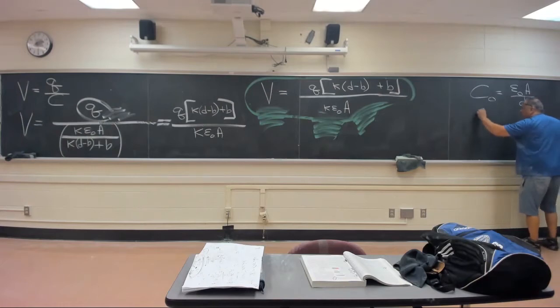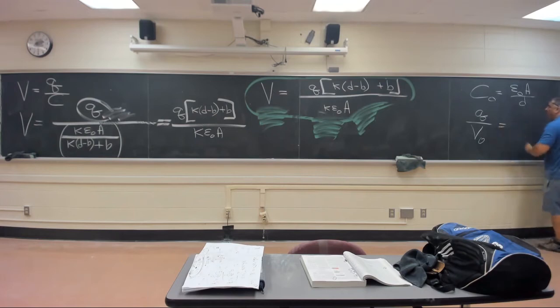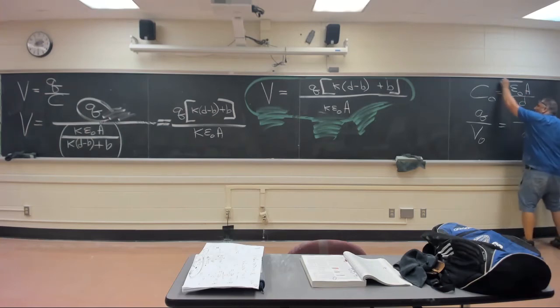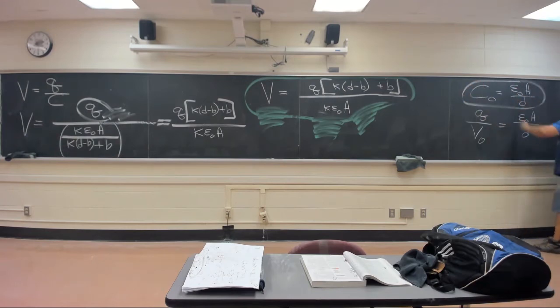And C0 would be Q over V0 before that was going on. Yeah, that's essentially where we were, guys.